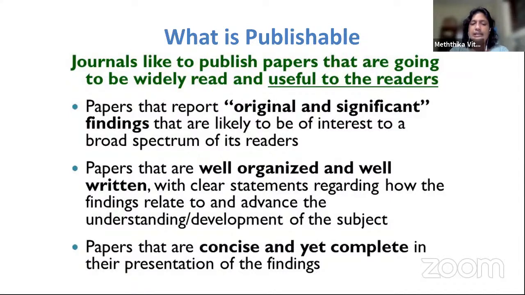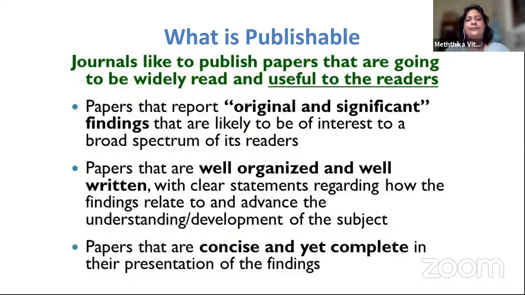For this, they need original and significant findings. That is why I told you your research needs to be a research, right? It should produce some original and significant findings. That is very important.